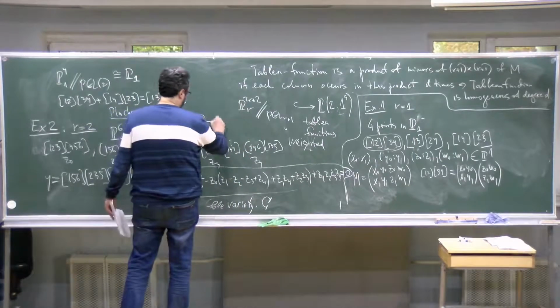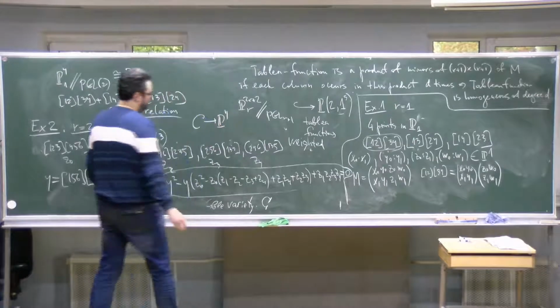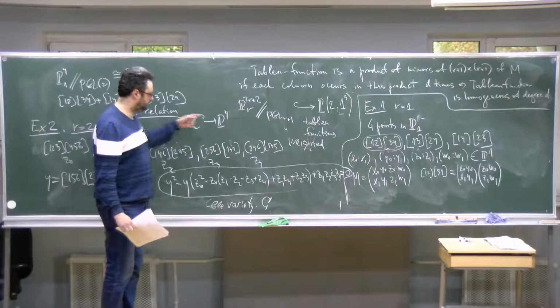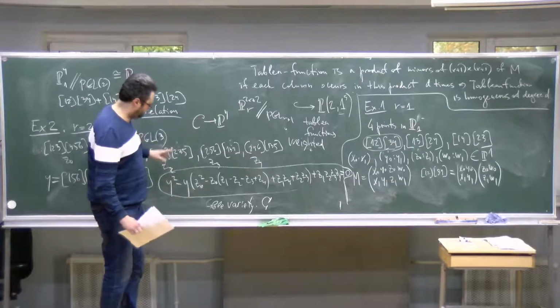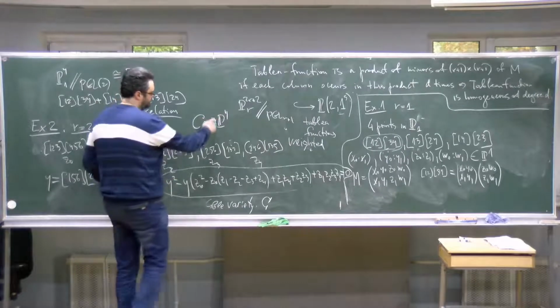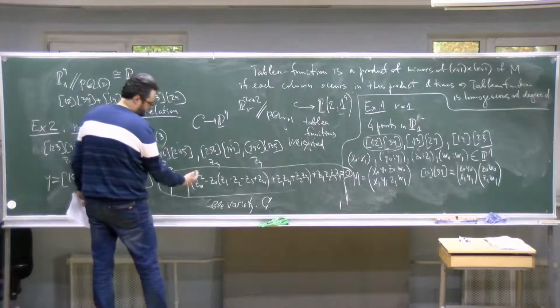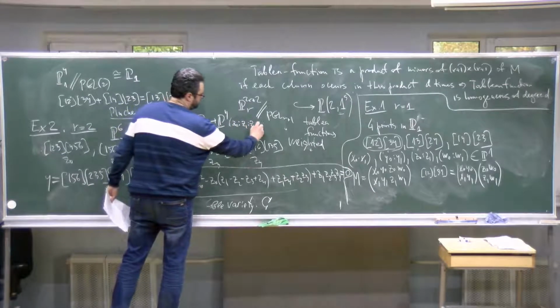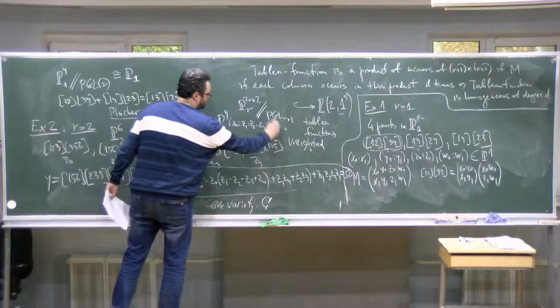We have the following surjective map onto projective space P4, given by these coordinates Z1, Z2, Z3, Z4.